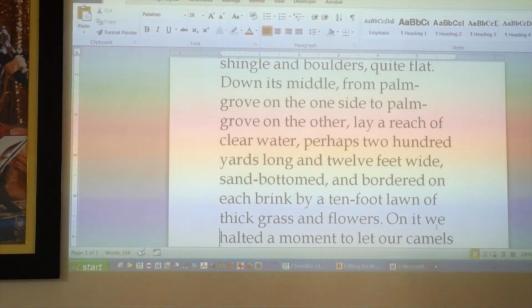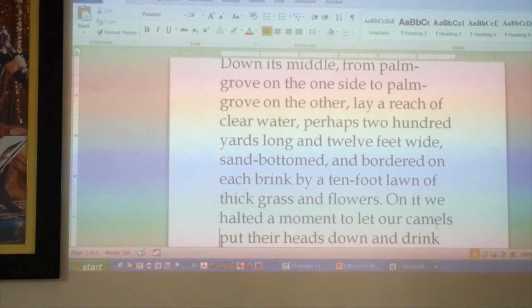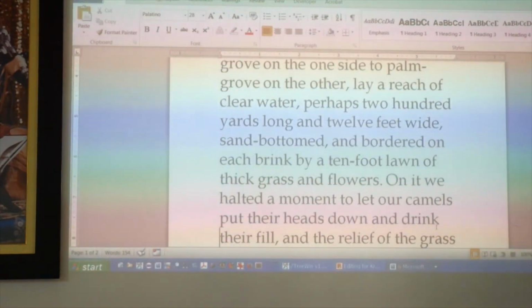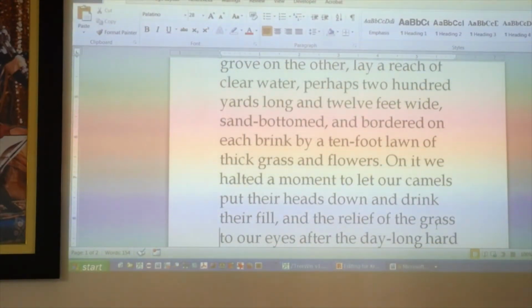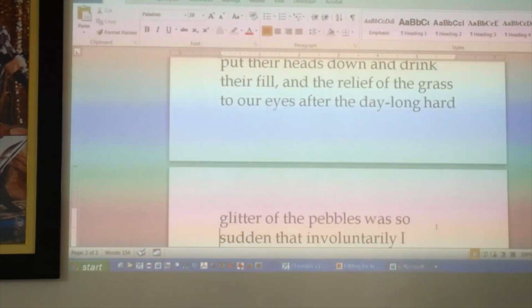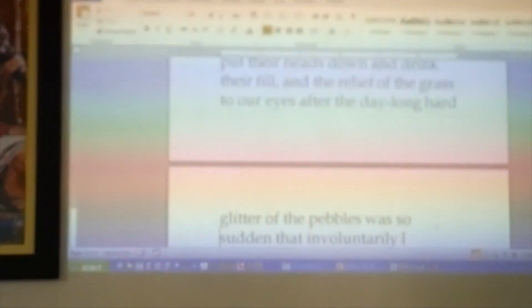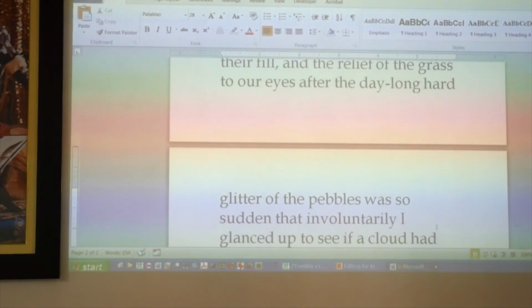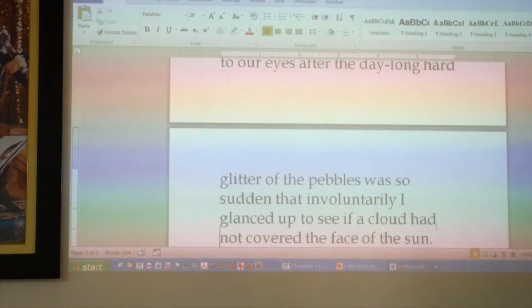On it we halted a moment to let our camels put their heads down and drink their fill. And the relief of the grass to our eyes after the day-long hard glitter of the pebbles was so sudden that involuntarily I glanced up to see if a cloud had not covered the face of the sun.